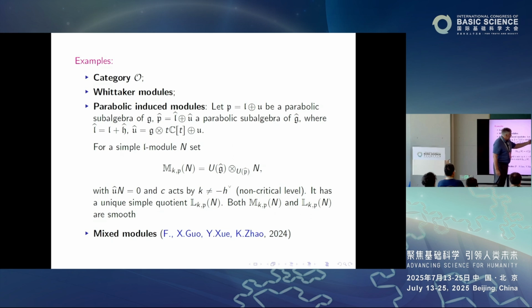So L, some reductive finite dimensional Lie algebra, and the radical U. And now I consider the parabolic subalgebra of the affine algebra, where for the Levi part, I keep my finite dimensional L and just add the rest of Cartan, whatever is missing. And then the radical of this algebra looks like that.